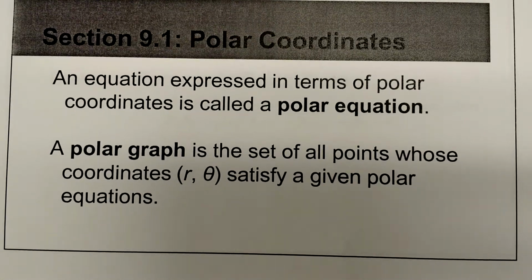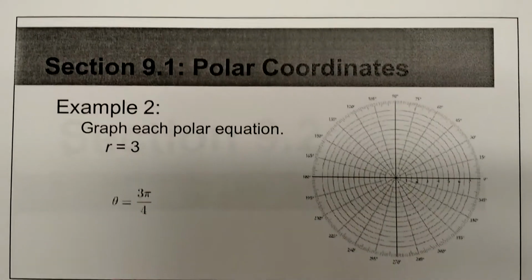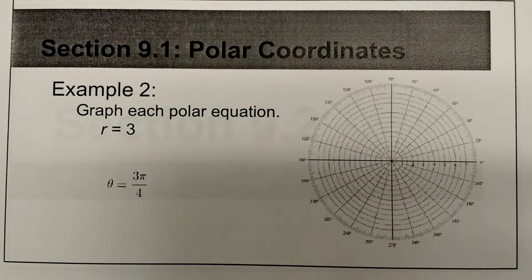Okay, you can actually have an equation as well. It's called the polar equation. The polar graph is a set of all the points whose coordinates r theta satisfy the equation. Just like a y equals equation, the line it draws is the set of all points that satisfy y equals whatever function of x it is. So there's 2 general forms. The very basic ones, you can have an r equals or you can have a theta equals.